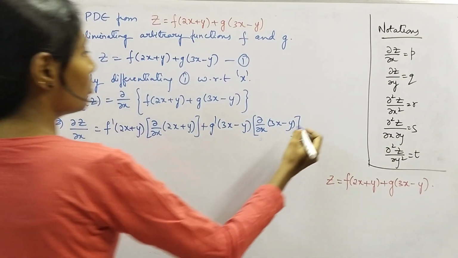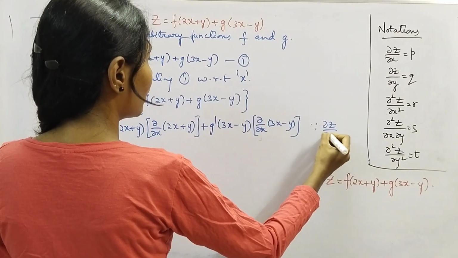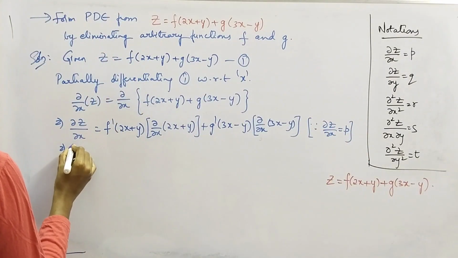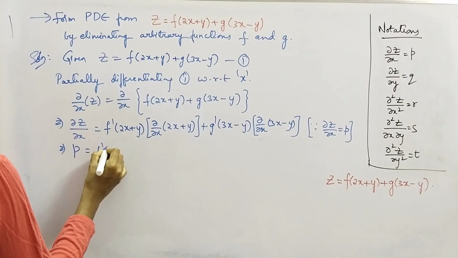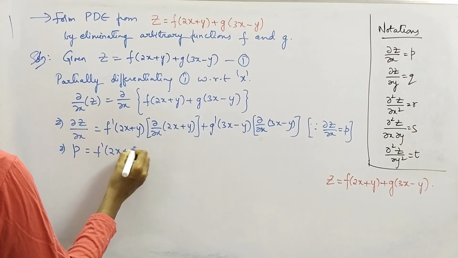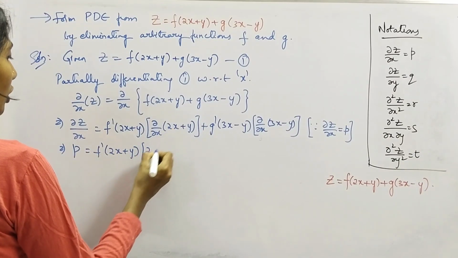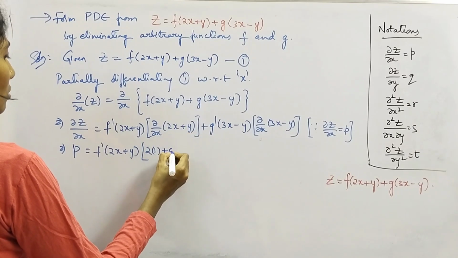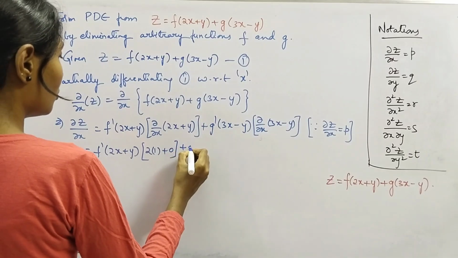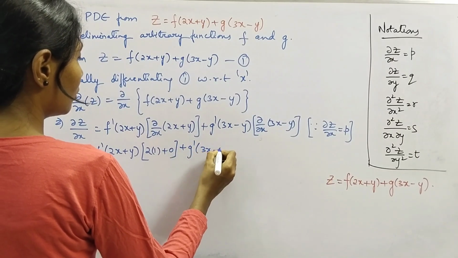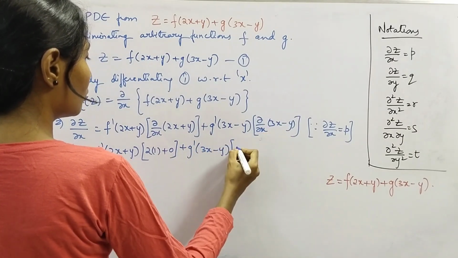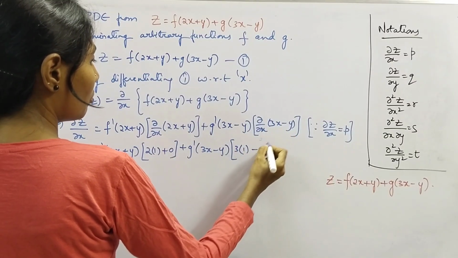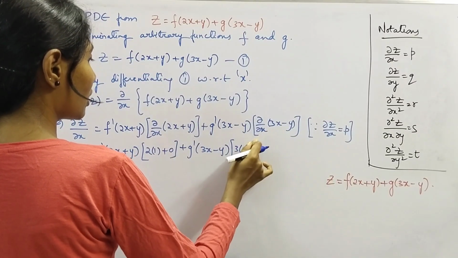Since we know that dou z by dou x equal to p, we can just replace it by the notation p. We'll get p equal to f dash of 2x plus y into 2 into partial derivative of x with respect to x is 1 plus partial derivative of y with respect to x is 0, plus g dash of 3x minus y into 3 times partial derivative of x with respect to x is 1 minus partial derivative of y with respect to x is 0.